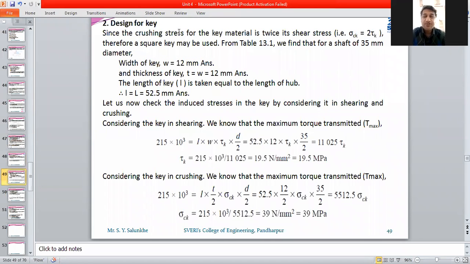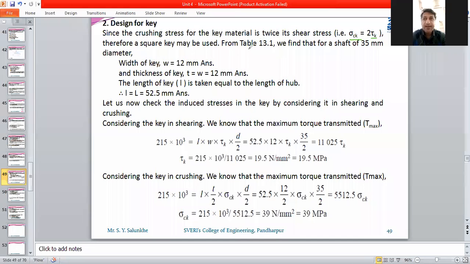Yes. Once you have calculated the hub dimensions, that is the outer diameter of the hub and the length of that hub, we are going to calculate the dimensions for the key used for it. For the key, shear stress is taken as half of the compressive stress, and these stresses are given for the key material.